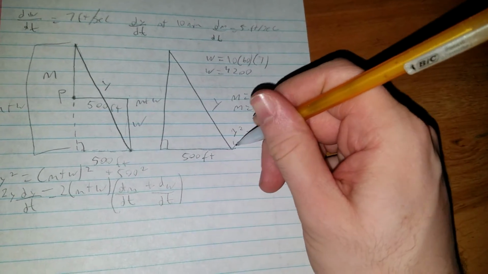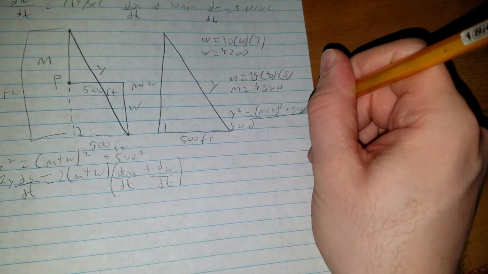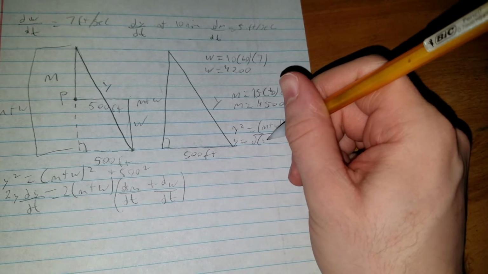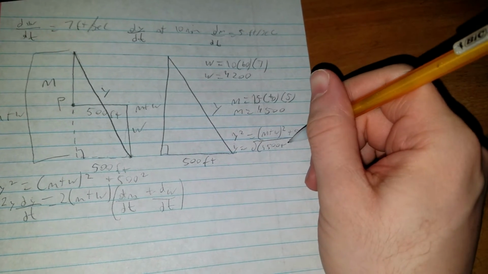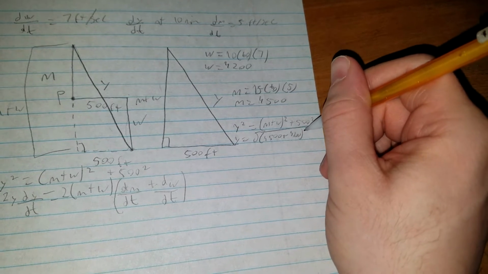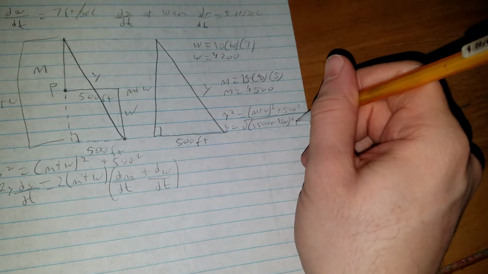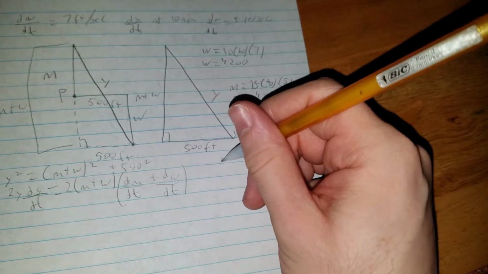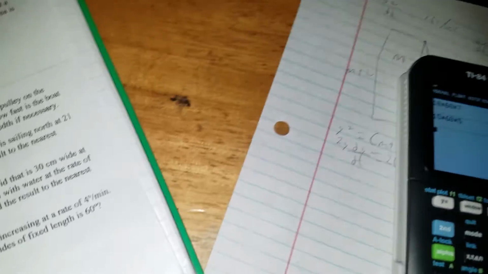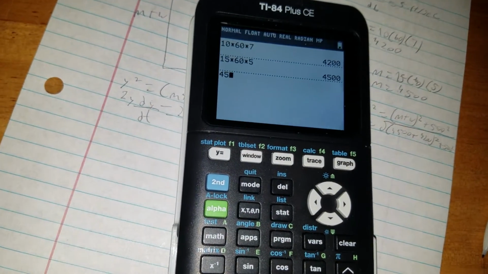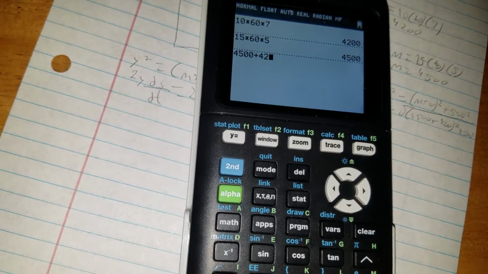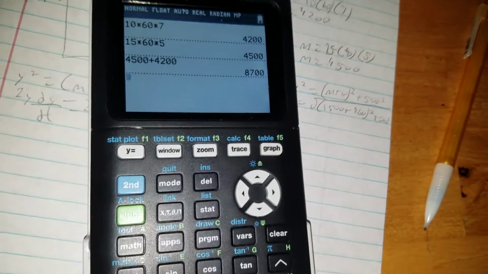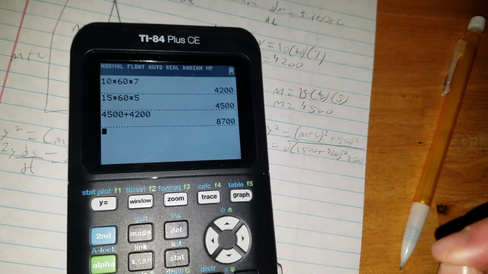So now it's just y equals the square root, and we plug in m and w. m is 4,500 plus w is 4,200, squared, plus 500 squared. 4,500 plus 4,200 is 8,700.